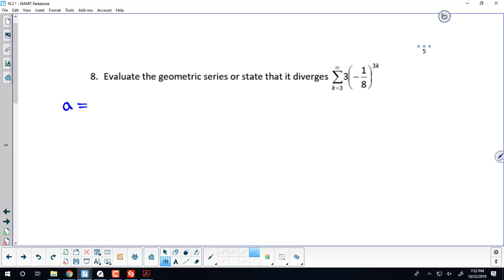So what did you come up with for the first term? What is A? Negative 3 over 8 to the 9th. Do y'all agree with that? Negative 3 over 8 to the 9th is the first term. So the first term here is when k equals 3. Right, so it should be 3 times negative 1 over 8 to the 3 times 3.